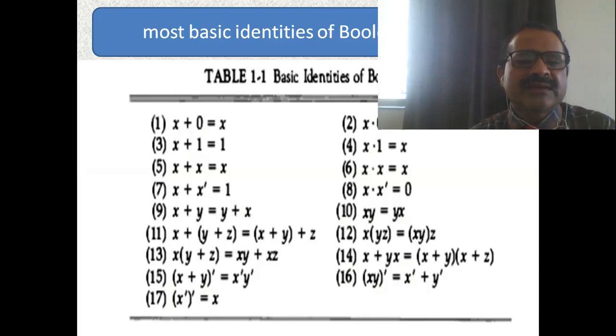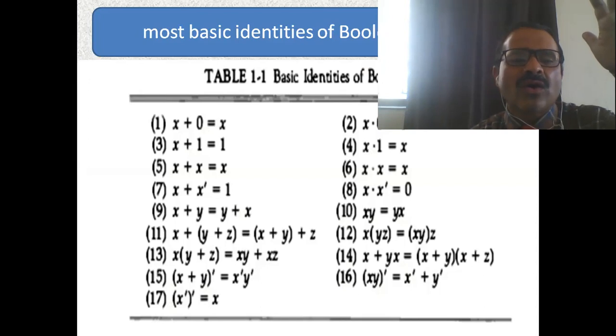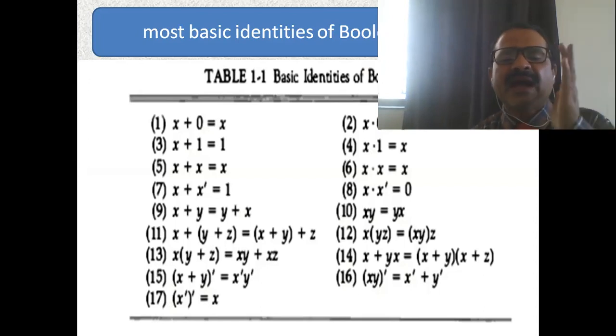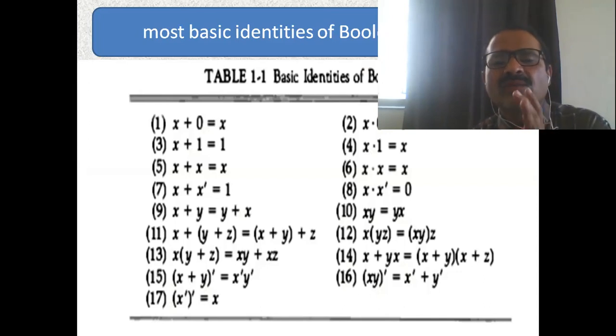There are two columns. In the first column you will see all the OR operations, addition operations. And in the second column you will see identities which are related to AND operations, or binary AND.